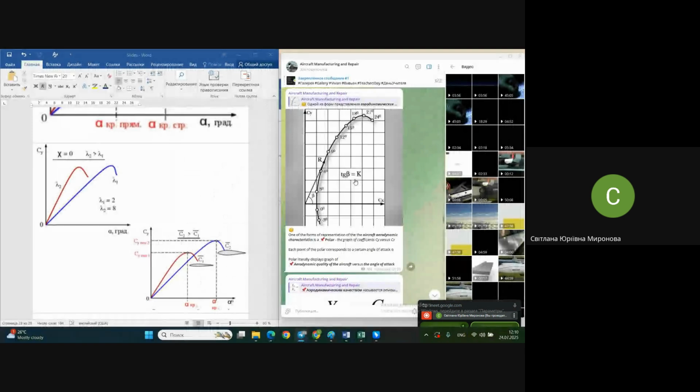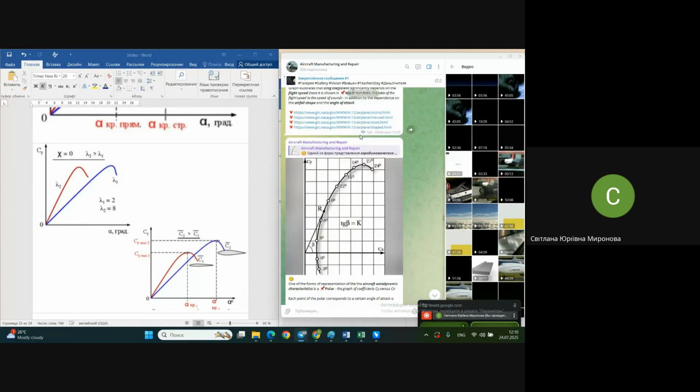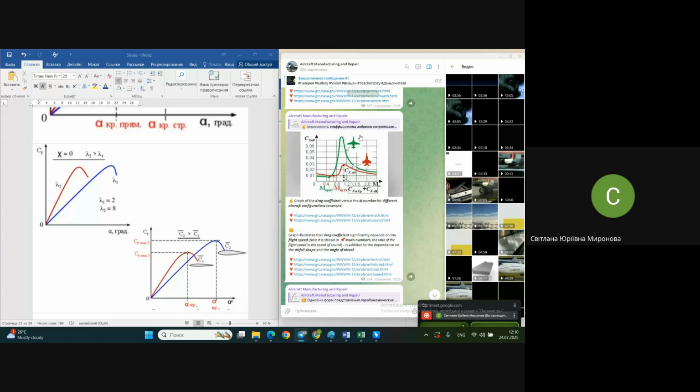It might help us to select the better position of our airfoils, position of the airplane in space, because it might help you to understand where the best ratio is, where the best combination of lift and drag is.